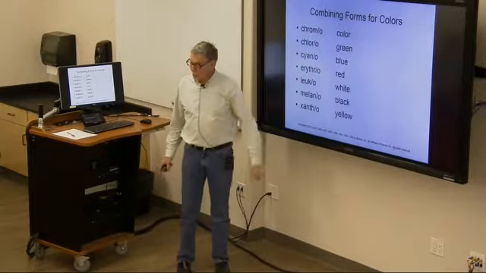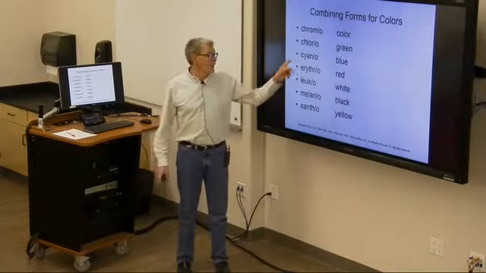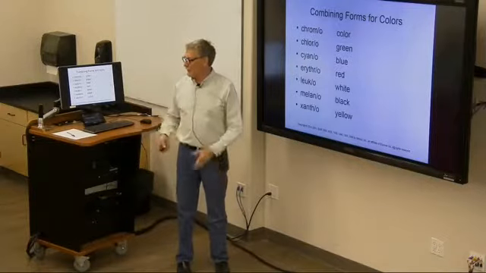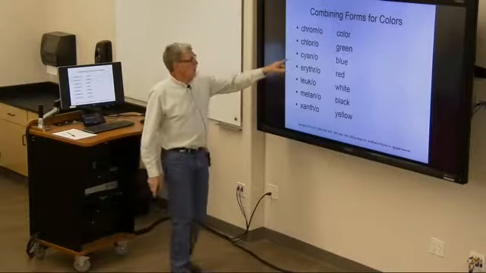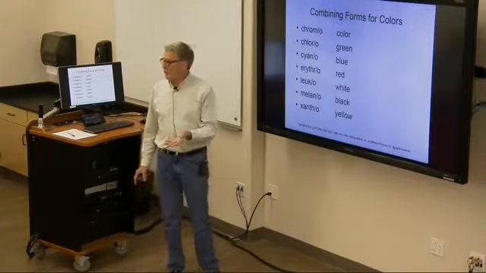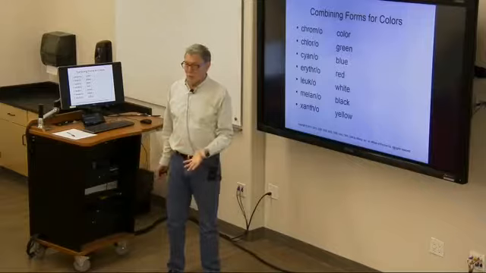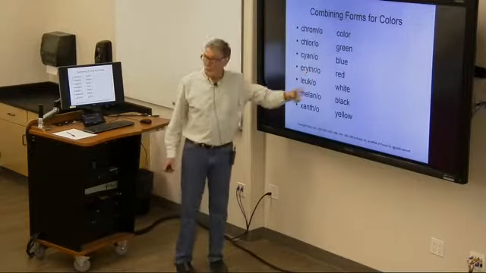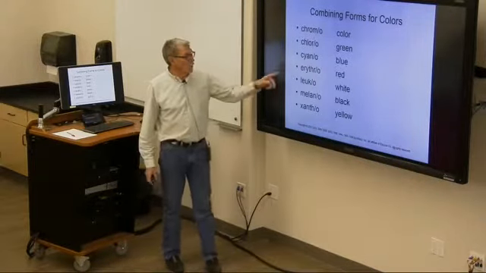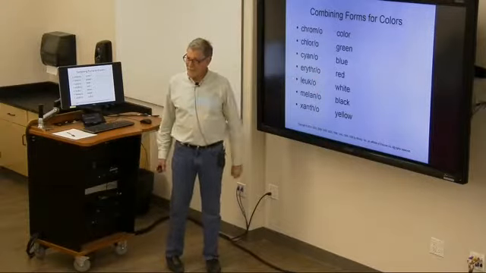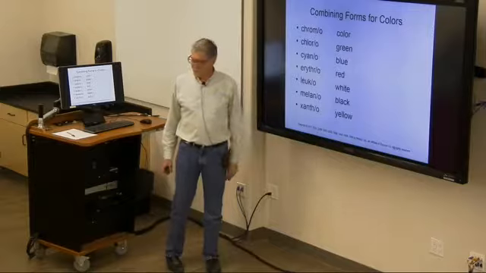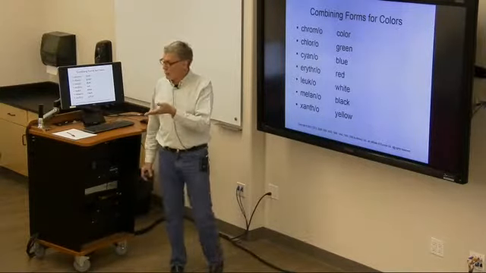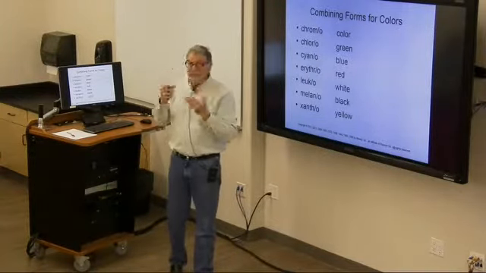Cyano is blue. Cyan is actually a color you can buy at Ace, and get your paint mixed up that way. But cyanosis happens when you stop breathing, you turn blue. So that becomes kind of important. Erythro is red. So our erythrocytes are our red blood cells. But we can also have erythema, which is a reddening of the face.